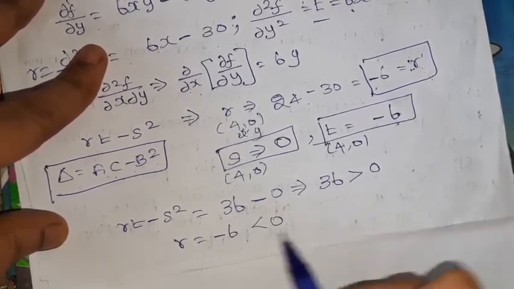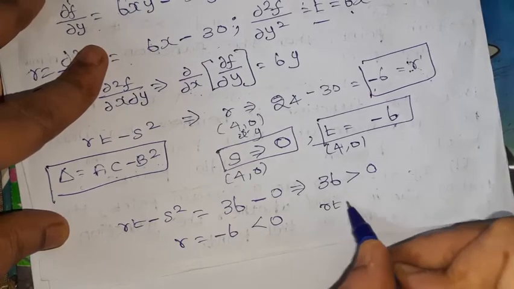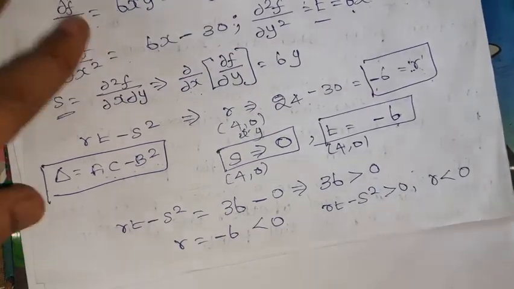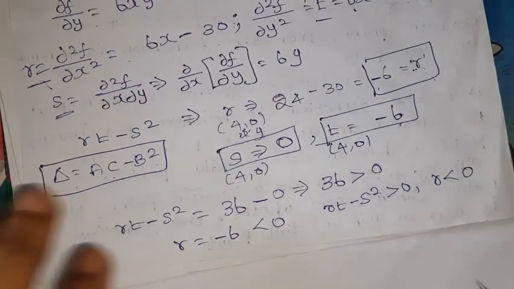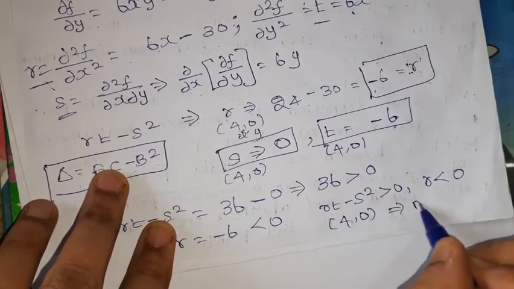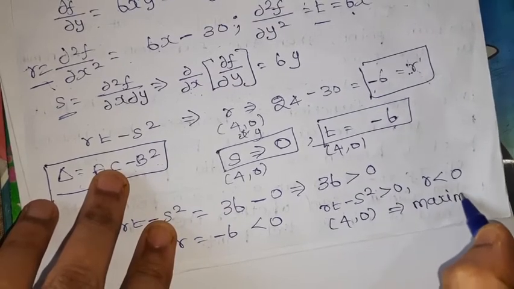So, from this, see RT minus S squared greater than 0, comma R less than 0, then what is the point? The given point is maximum or minimum? Maximum, right?